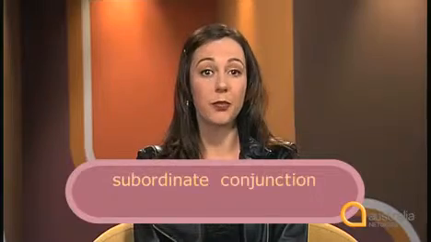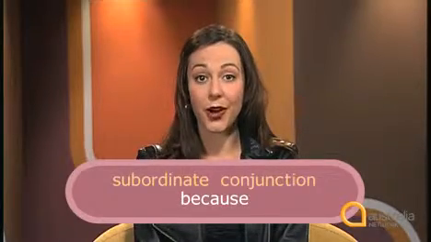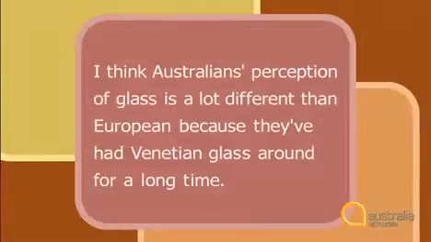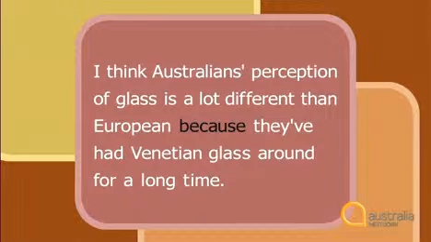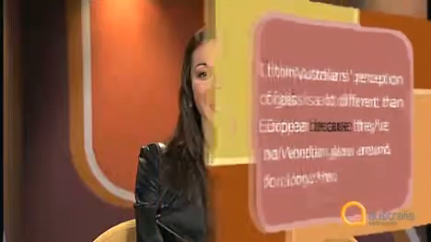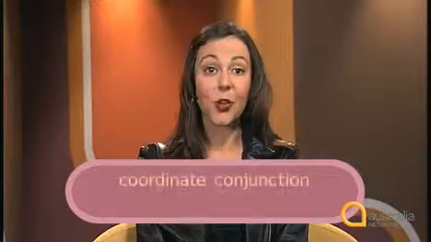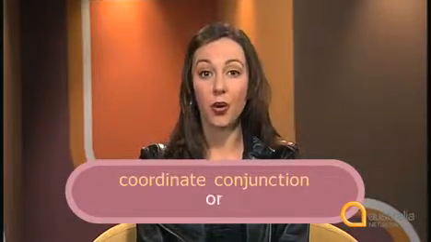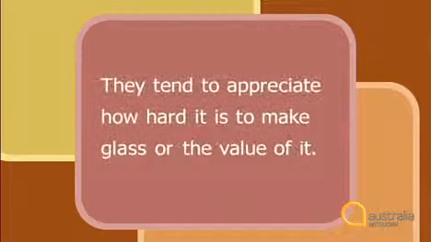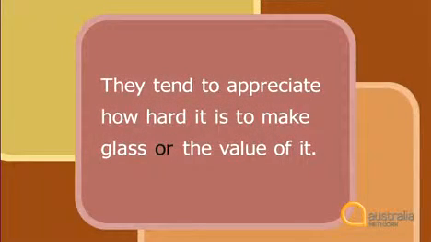He uses the subordinate conjunction because. I think Australians' perception of glass is a lot different than European because they've had Venetian glass around for a long time. He also uses the coordinate conjunction, or. They tend to appreciate how hard it is to make glass or the value of it.